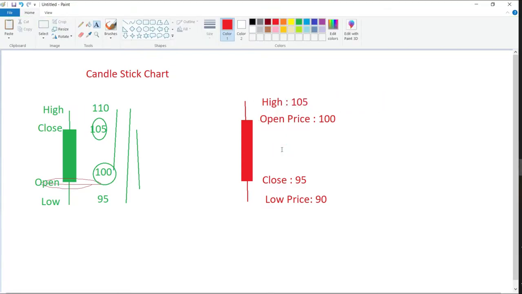I have considered this as a one-day candle. So during the day it opened at 105 levels, went all the way down to 90, and from 90 it again went back to 105, and at the end of the day it closed at around 95 levels. So when the open is at the top and the close is at the bottom, we consider that a red candle, and when the open is at the bottom and the close is at the top, we consider that a green candle. So in a candlestick pattern, you see only two types: green candles and red candles.